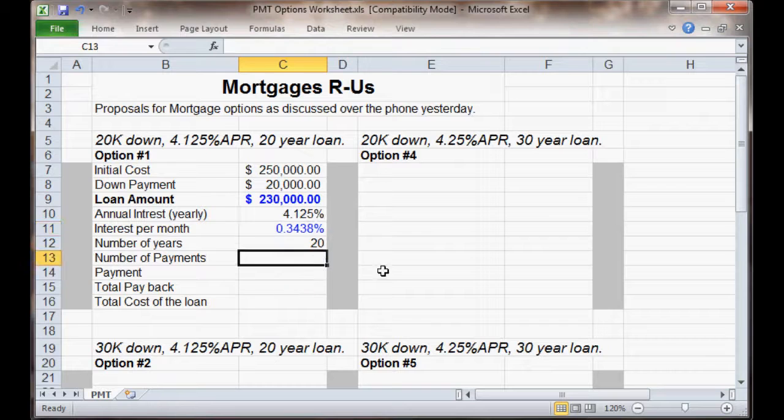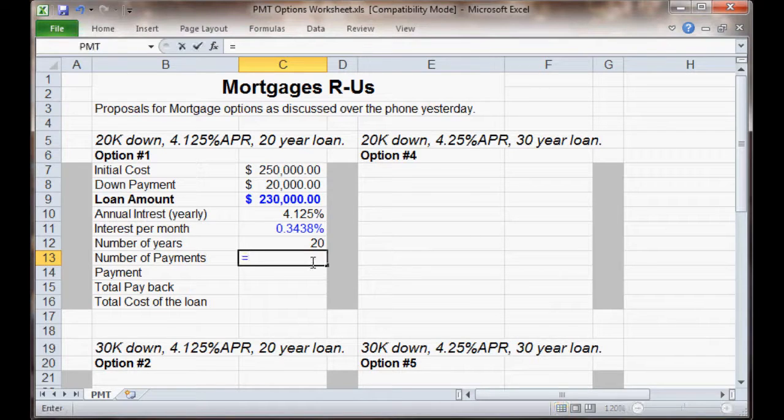Okay, the next one is the number of payments. Now, given real estate loans tend to be 10, 15, 20, 30 years, they're not actually haggled over month to month. That needs to be calculated. So if this is a monthly payment, there's 12 months a year, what formula shall we use? Go ahead and enter it now.